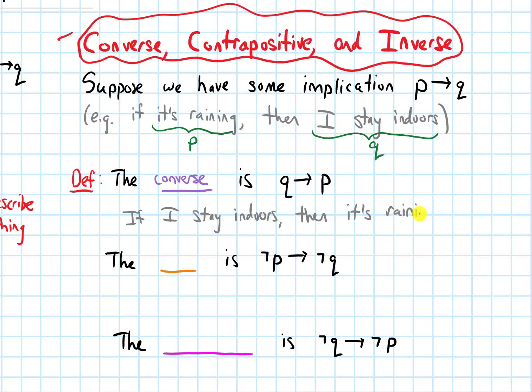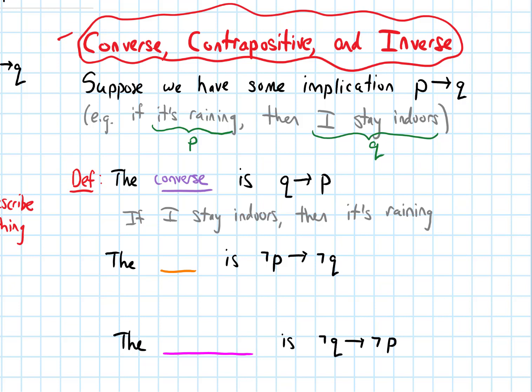We're switching the roles of the P and the Q. These two sentences definitely have different meanings. We could use a truth table to verify that P implies Q and Q implies P are not equivalent, but we can also see it logically, since they mean different things.